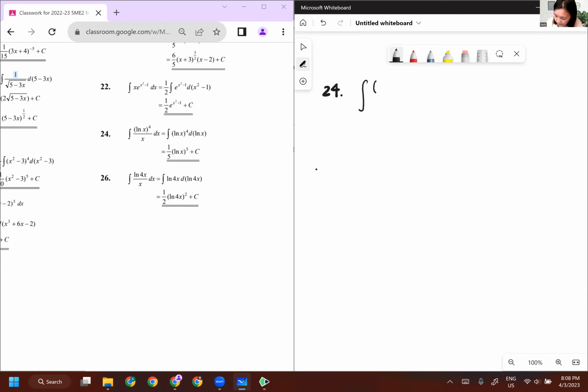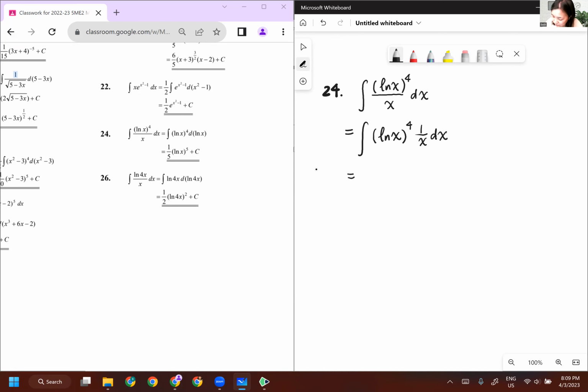Integral log x to the power 4, log x to the power 4, I'll write 1 over x dx together.